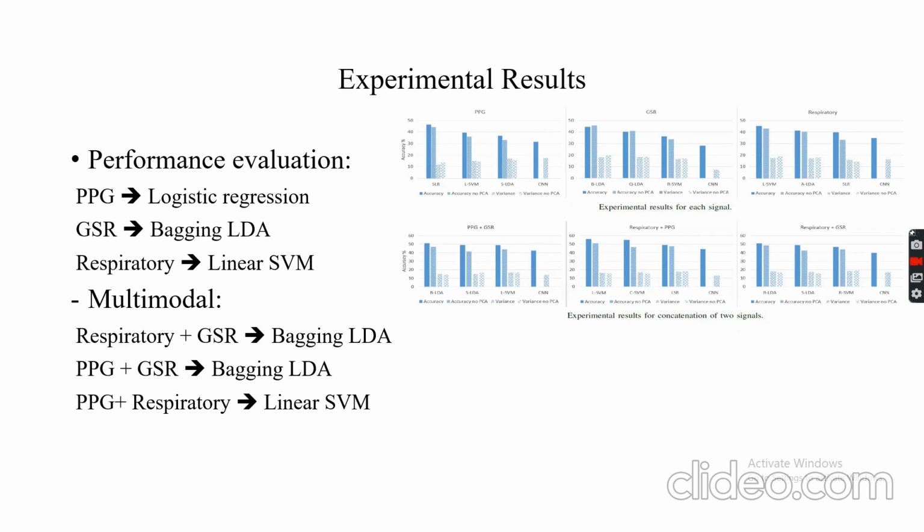In the multimodal approach, in the case of concatenation of respiratory and GSR, the best classifier was ensemble LDA with bagging approach. For the combination of PPG and GSR, the bagging LDA had better results. And for the concatenation of PPG and respiratory signal, linear SVM showed a better performance.